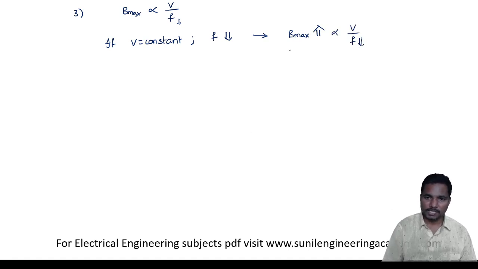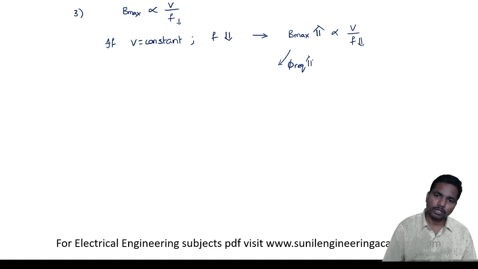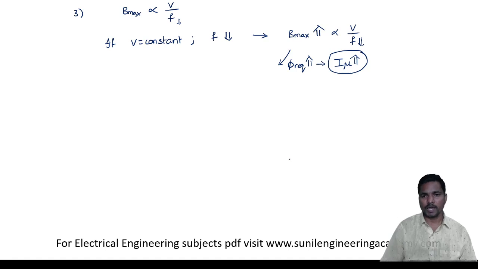If B max is more, that means flux requirement is more. If you want to get more flux, your magnetizing current must be more. So magnetizing current increases.